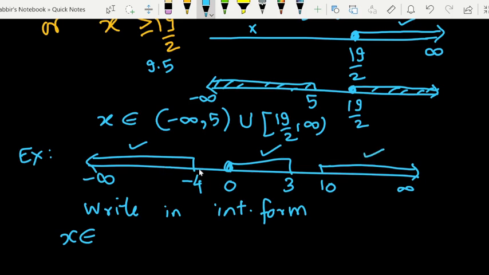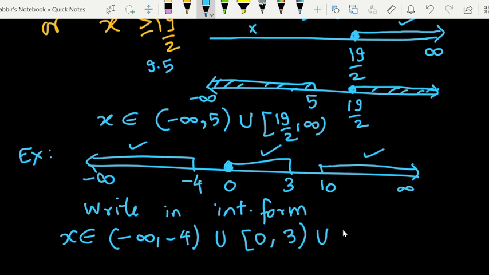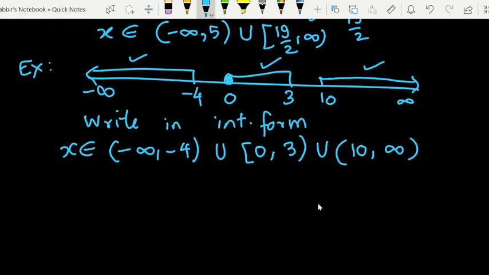So we will write all the three and connect them with the connector, yes, U. So minus infinity to minus 4, union 0 to 3, 0 is included because 0 is a dark circle here, so we will place a square bracket here. Union 10, which is not included, so round bracket, 10 to infinity. So there are two connectors we use here. Okay, so that's the use of the connector.